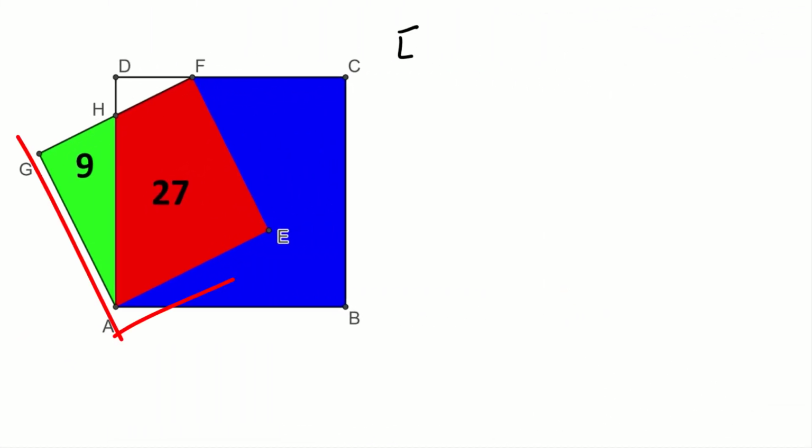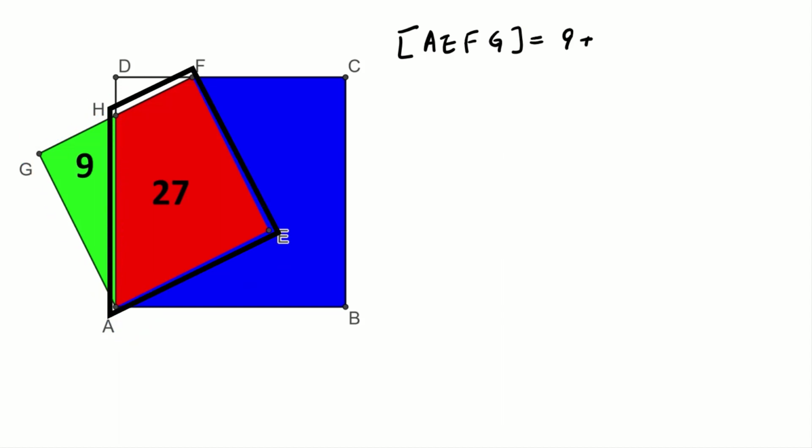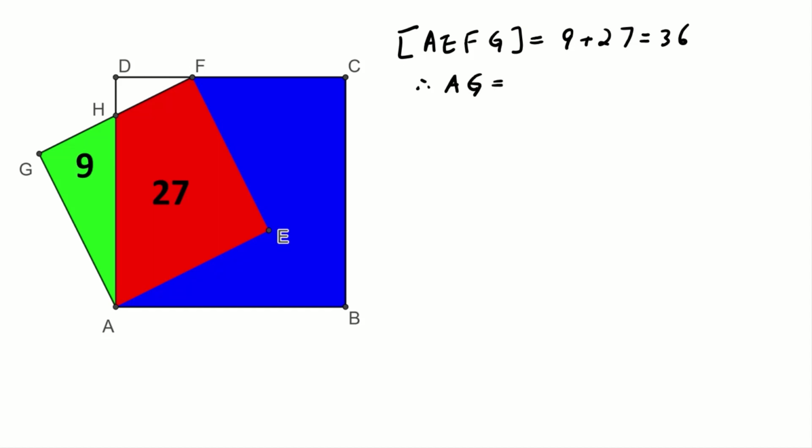First, observe that the area of square AEFG is the sum of the areas of AGH and AEFH, which equals 36. Therefore, the side length of AEFG is 6, meaning AG equals GH equals 6.